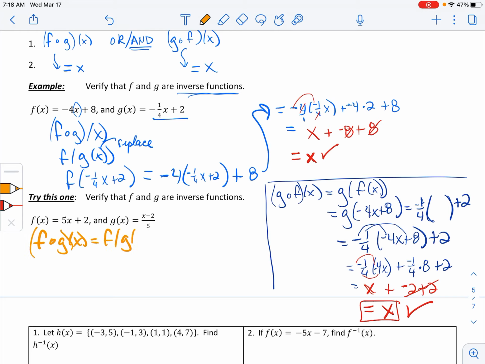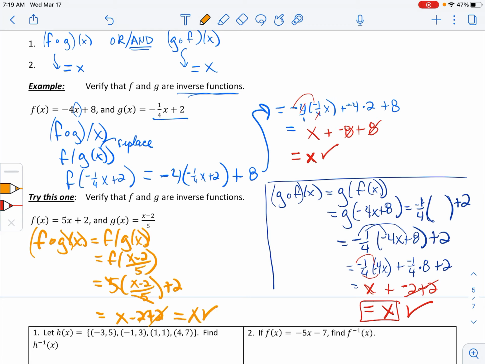This really means f of g of x, like this. So I have f of x minus 2 over 5. So I'm going to take 5 times x minus 2 over 5 plus 2. Well, those 5's cancel. So I get x minus 2 plus 2. Those cancel. And I get x.